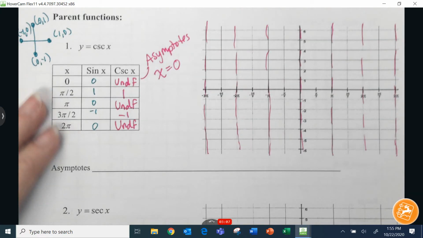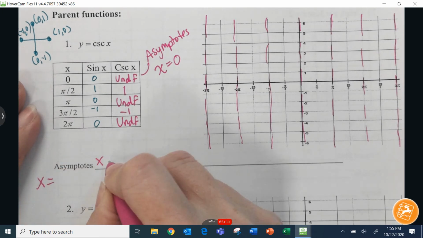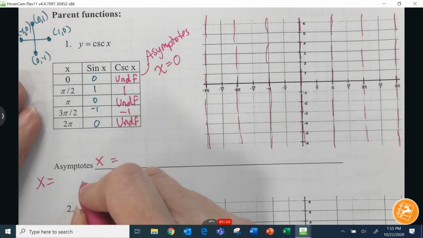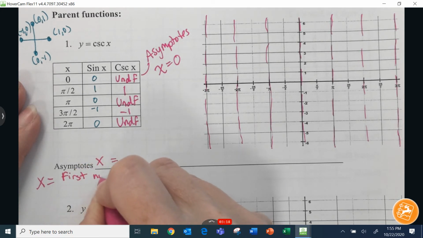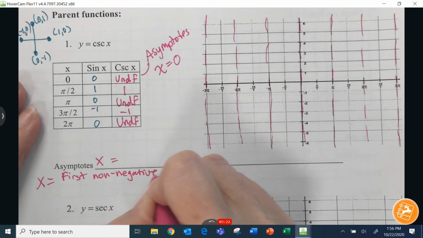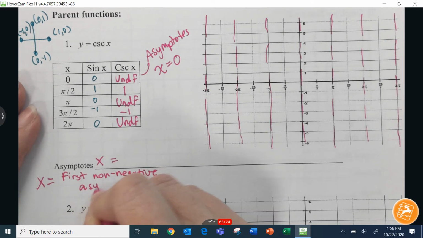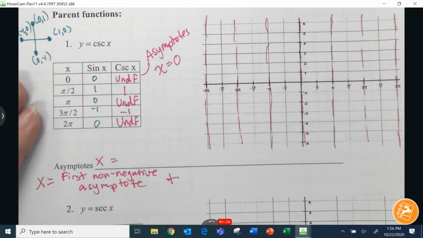And the formula is going to start with, we're always going to do x equals. And first you're going to write the first non-negative asymptote.